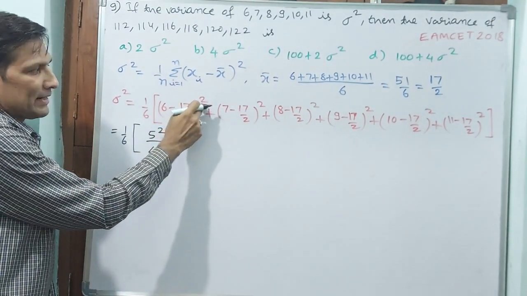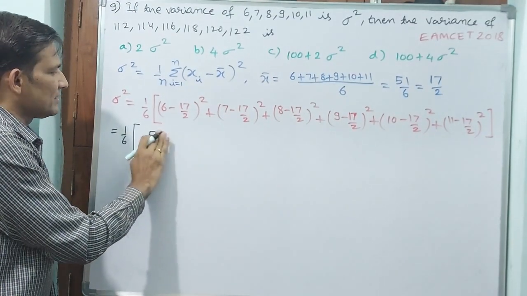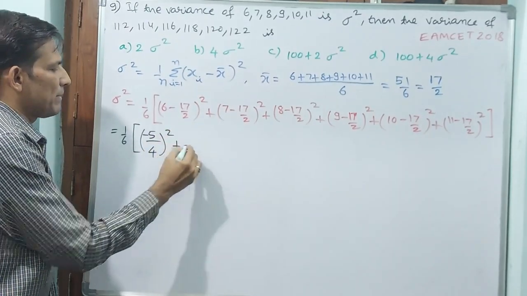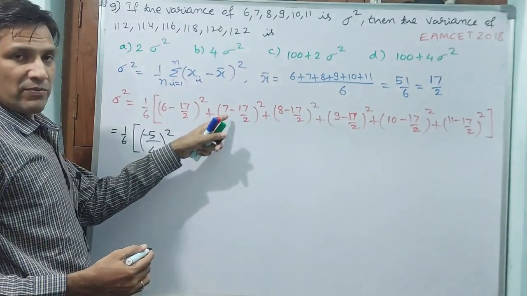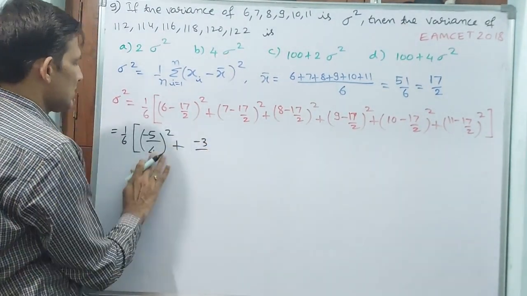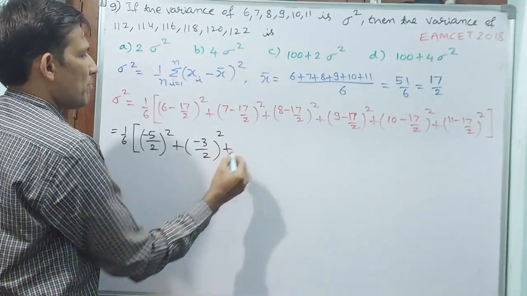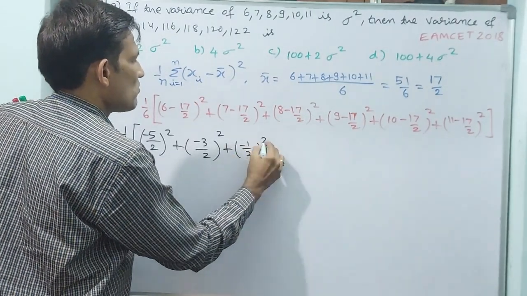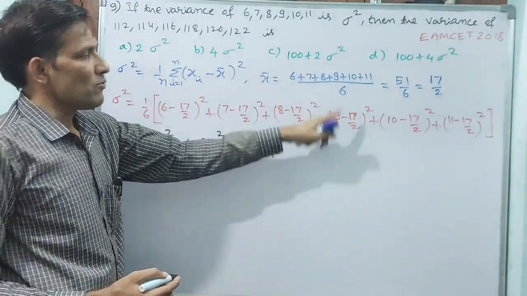Because the denominator will be 2 square, we will make it like this: minus 5 by 2 whole square plus 17 minus 14, 3 by 2 whole square plus 2 square, no, this is 1 by 2 whole square, plus 16 minus 17, 1 by 2 whole square plus 18 minus 17, 1 by 2 whole square.